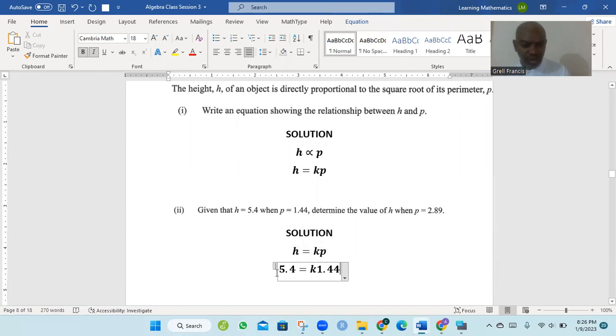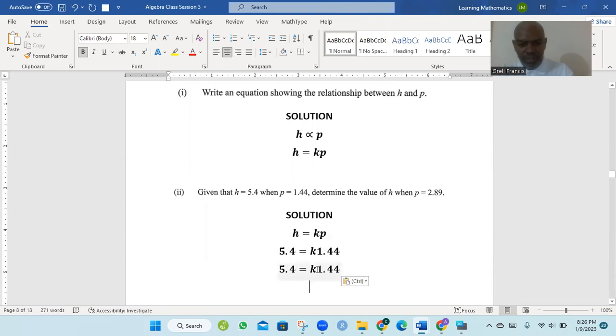Right. And now we can solve for K by dividing by 1.44 on the right side. If we divide by 1.44 on the right side, we have to divide by 1.44 on the left side.